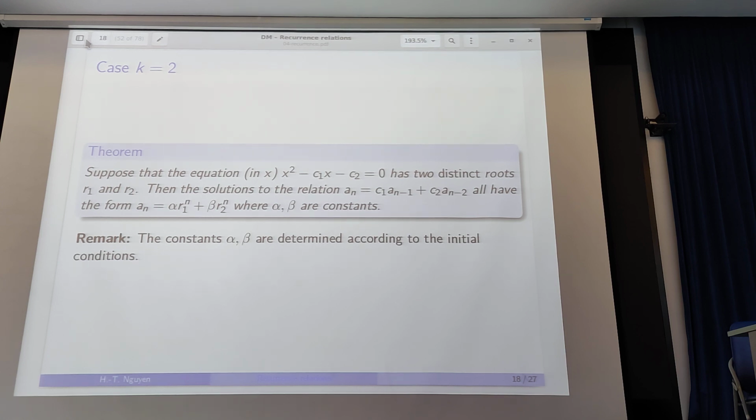R1 and R2 are 1 plus or minus square root of 5 divided by 2.